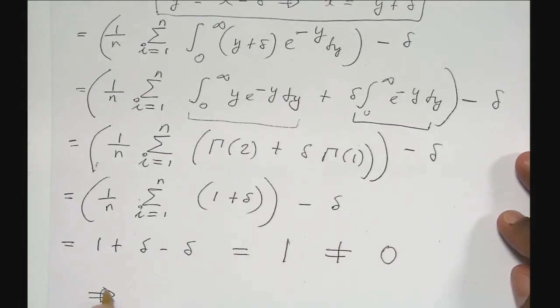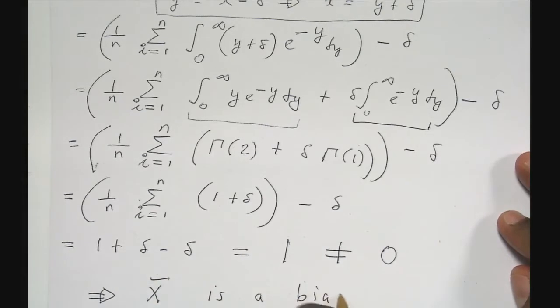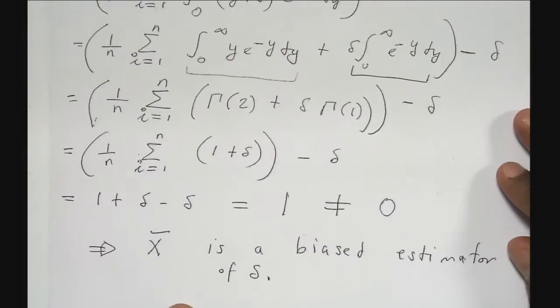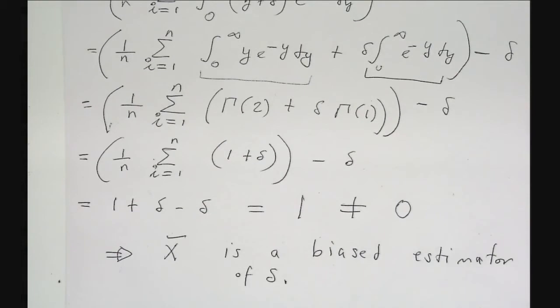So x bar is a biased estimator of delta. Is this clear or not? Guys, are you okay? Yes or no?